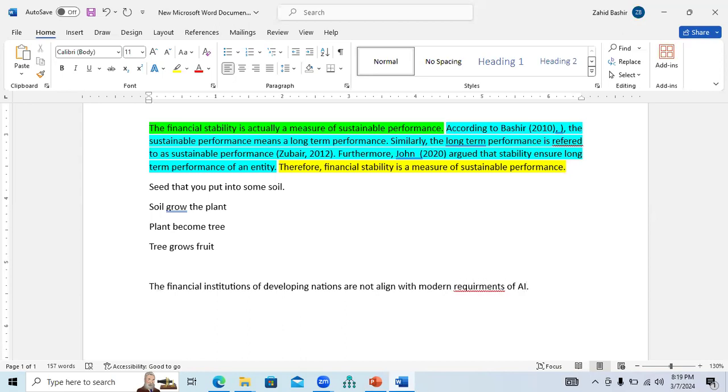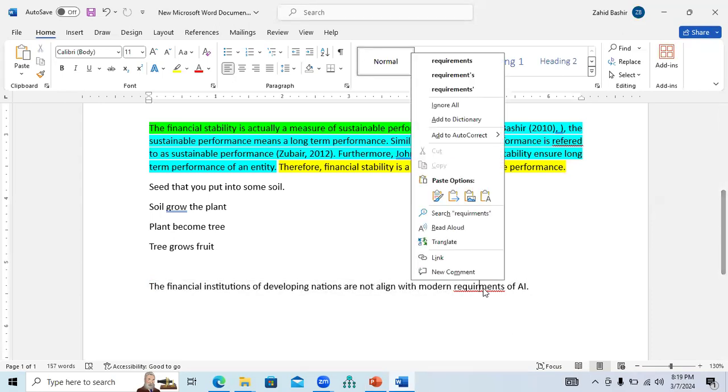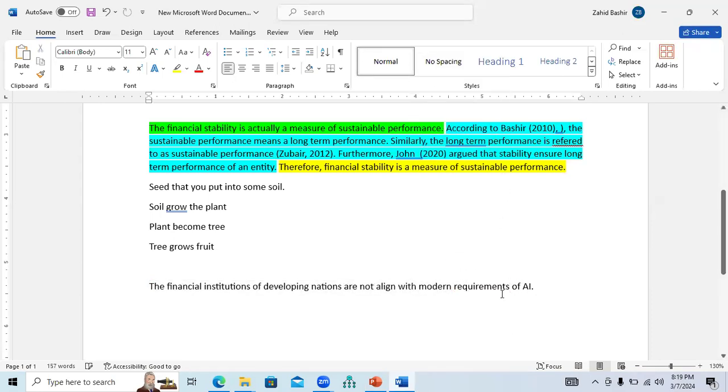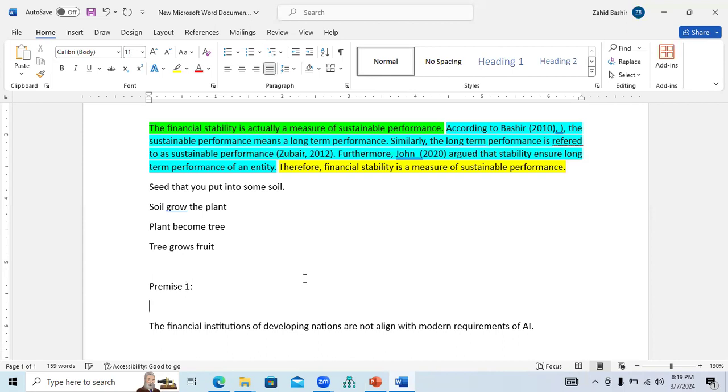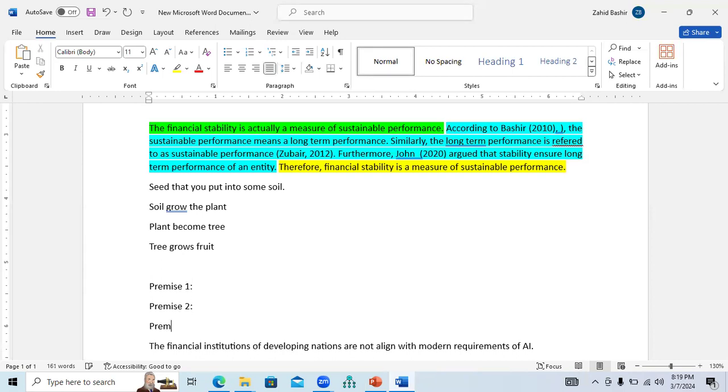Now, this is a claim that I am making, that most of the financial institutions in developing nations are not aligned with modern requirements of artificial intelligence. Now, in order to prove this claim, I need to provide some premises. So let's arrange premises in a similar order, like premise one, premise two, premise three.